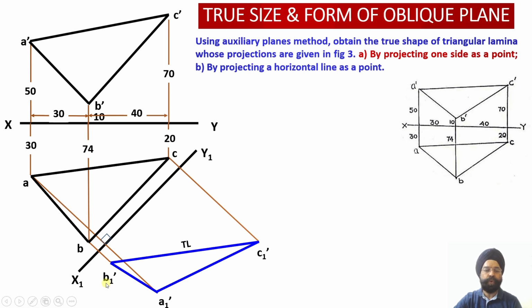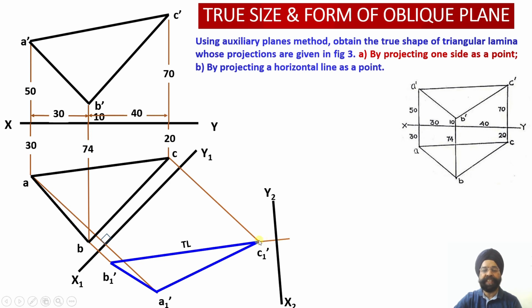So we can conclude that B1 dash C1 dash happens to be the true length. And as I told you earlier, in the second iteration I am going to extend this true length. Now you see I have extended this true length.